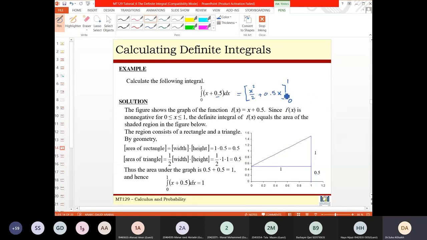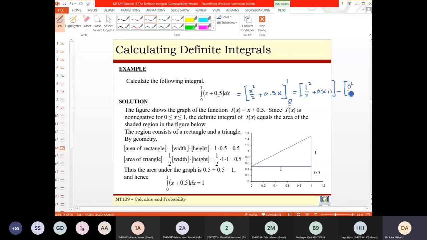If the integration is from 0 to 1, how do we do it? We substitute with the 1. This will be 1 squared over 2, plus half multiplied with 1, minus the substitution with 0. The integration is from 0 to 1, so I substitute with the 1 and subtract the substitution with zero.